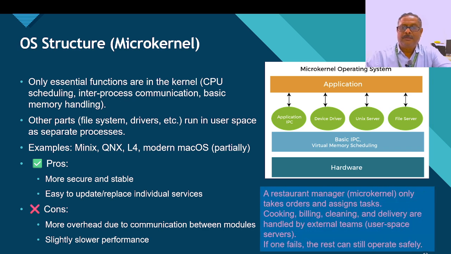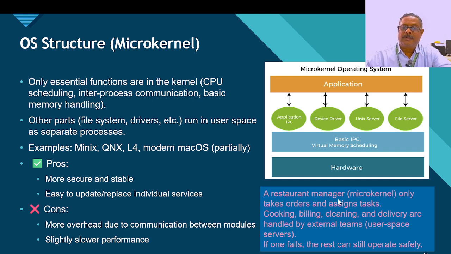Then we have an example for that. Here a microkernel can be taken as a restaurant manager. He is only there to take orders and assign the tasks. Cooking, billing, cleaning, delivery are handled by external teams, or the user space services.